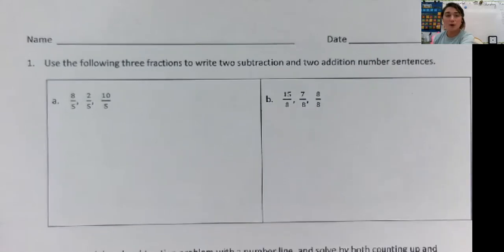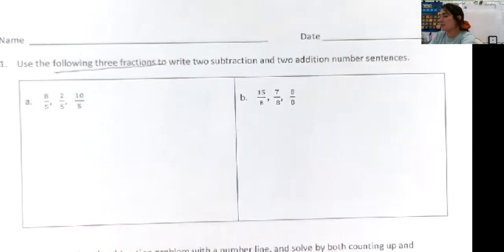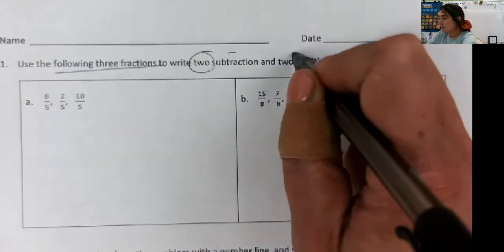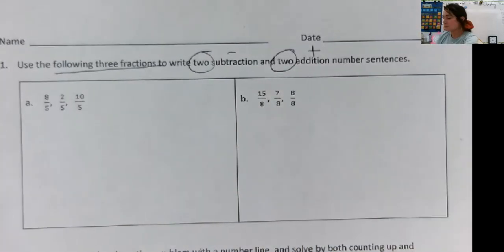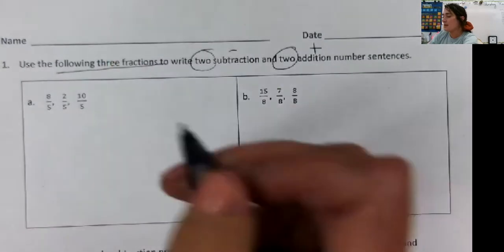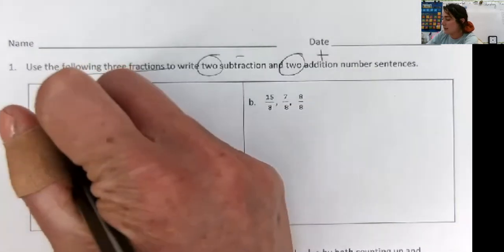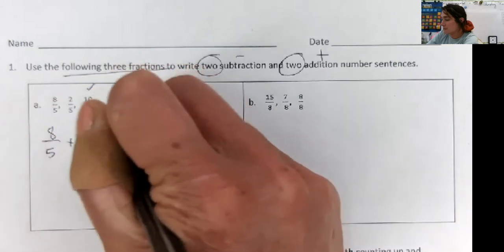So on number 1, you're going to look at the following 3 fractions and write 2 subtraction, 2 addition sentences. So I have 10/5, 8/5, 2/5. 10/5 is the largest, so that makes it my whole. So I can do 8/5 plus 2/5 equals 10/5.